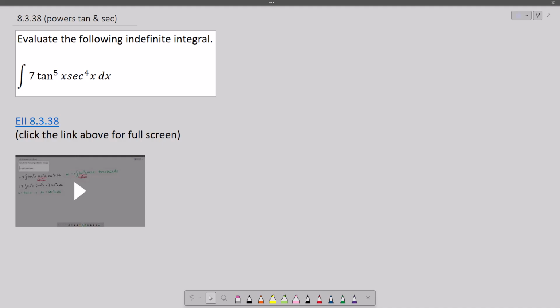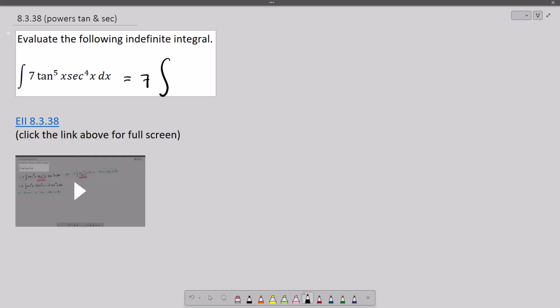If we look at secant squared, if we pop a secant squared off, we're left with secant squared, so we only have to convert a secant squared versus a tangent to the fourth. It's easier to convert a lower power. So it makes more sense to peel the secant squared off.